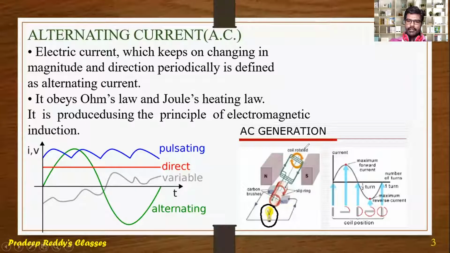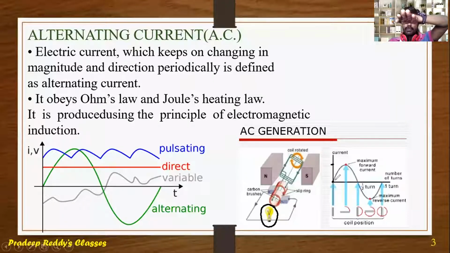Due to rotation of the coil in the external magnetic field, based on the coil rotation, the current in the circuit will be altered. In the first condition, the coil is placed vertically, and this vertically placed coil is rotated by one quarter.